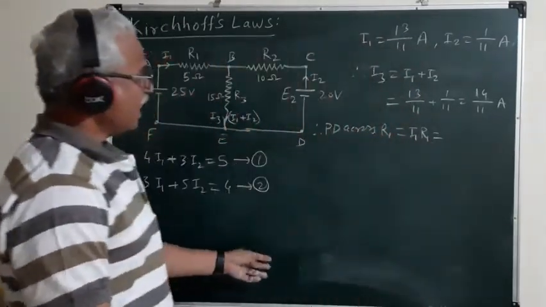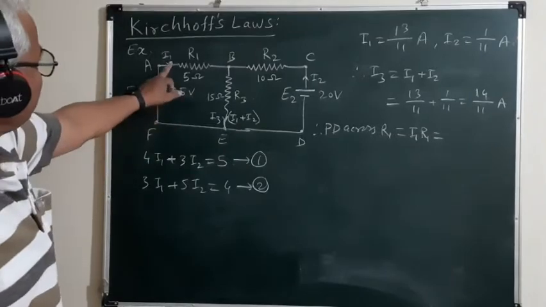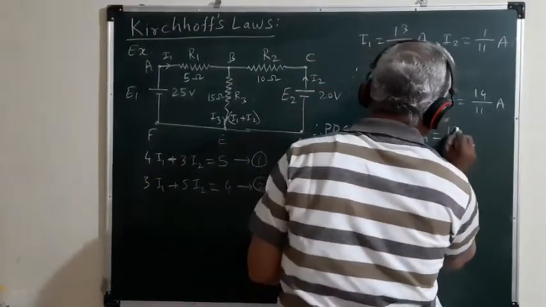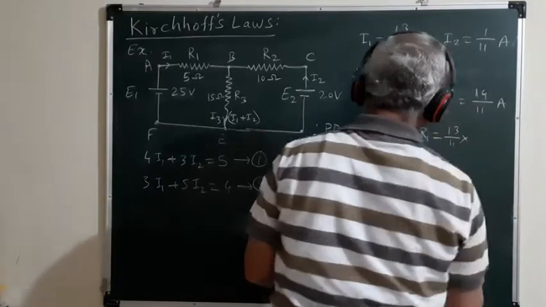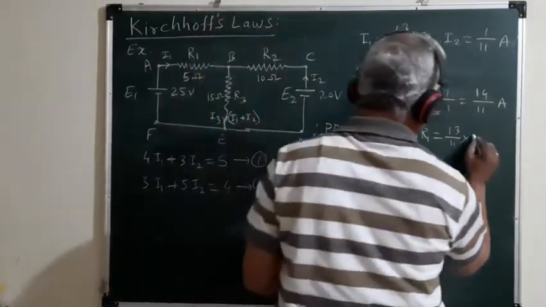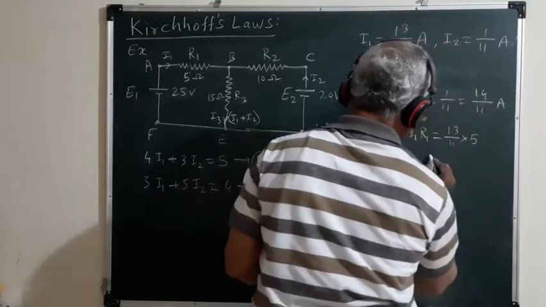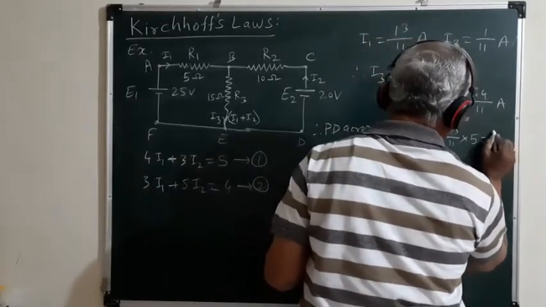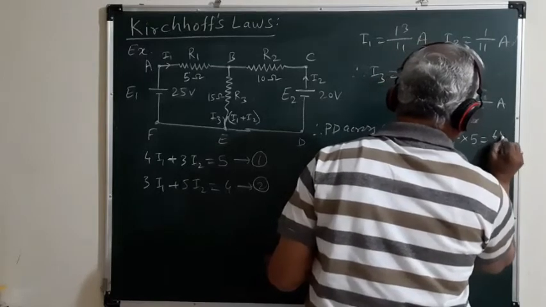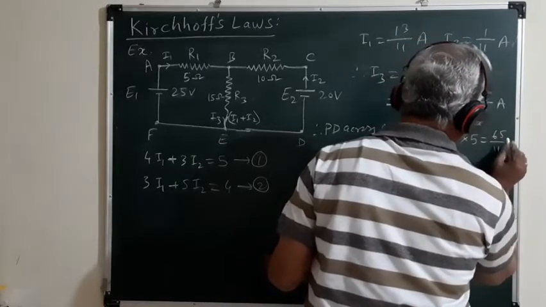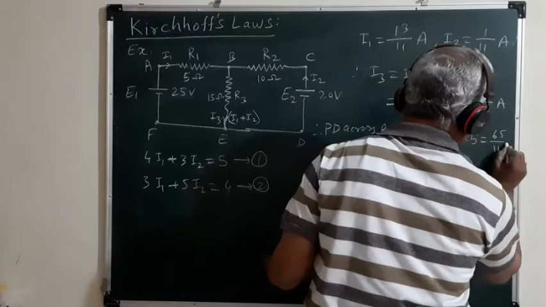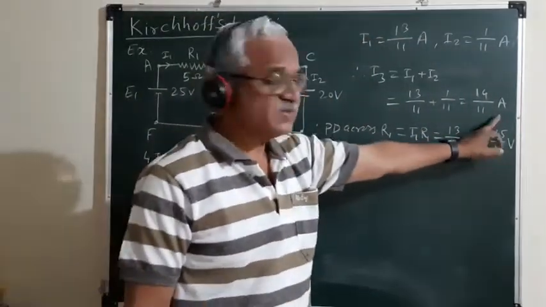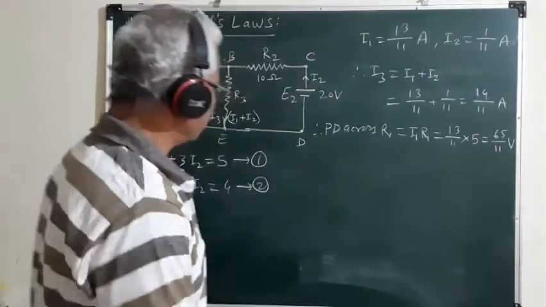So I1 is 13 by 11 multiplied by R1, which is 5. So potential drop works out to be equal to 65 by 11 volt. Potential drop across R1 works out to be 65 by 11 volt.